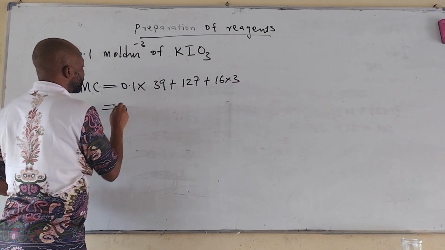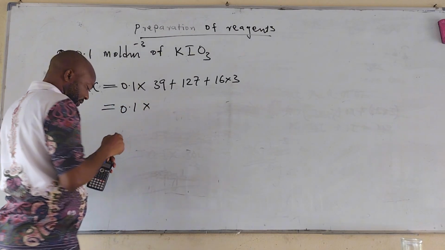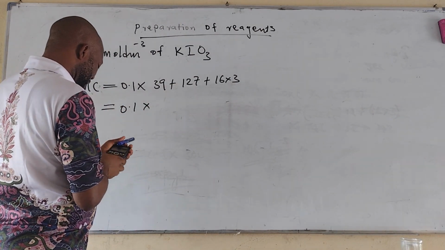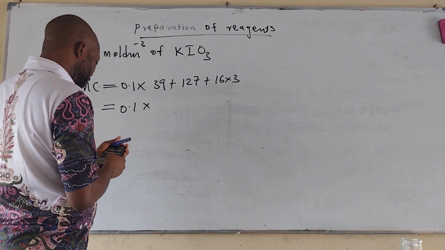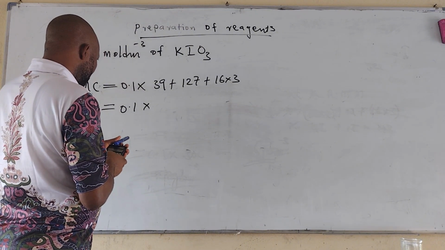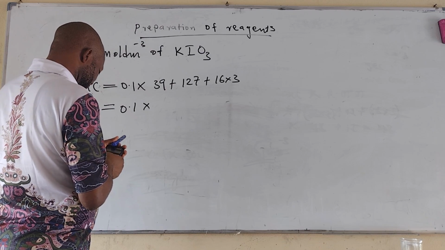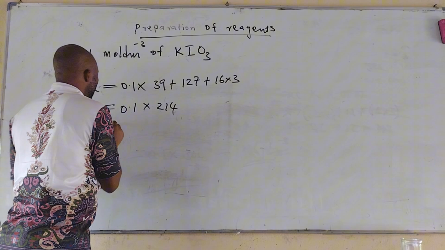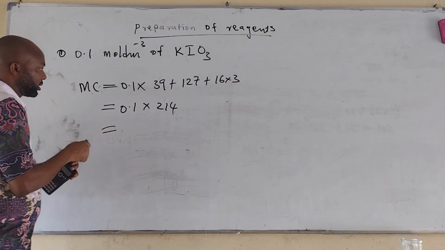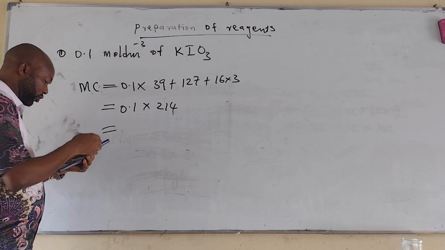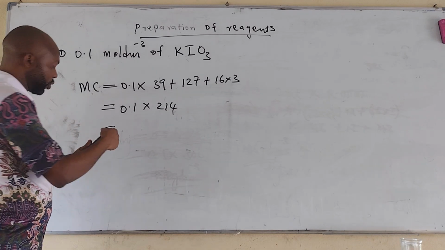This is equal to 0.1 times, I have 16 times 3, which is 48, plus 127 plus 39. I have 214. So when I multiply that with 0.1, we'll be having 21.4.